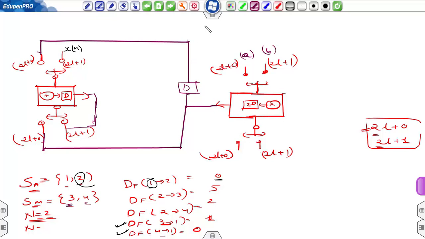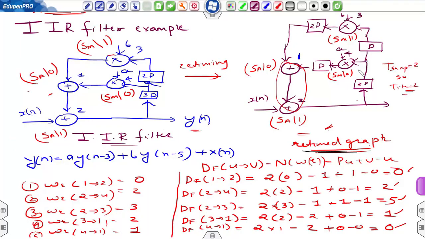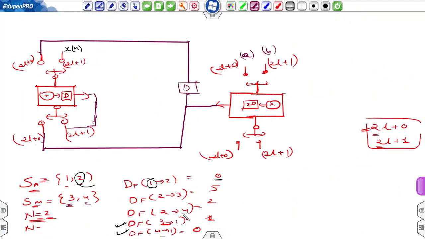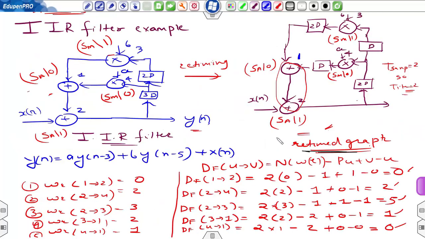And for the second input of this multiplier, considering multiplier 4, it is receiving its input from node number 2. So 2 to 4, the value is 2. Okay. And 2 is an adder. So the output of the adder should be connected to the 2l plus 0 input with 2 delay elements in between. Similarly, I can evaluate for multiplier number 3.